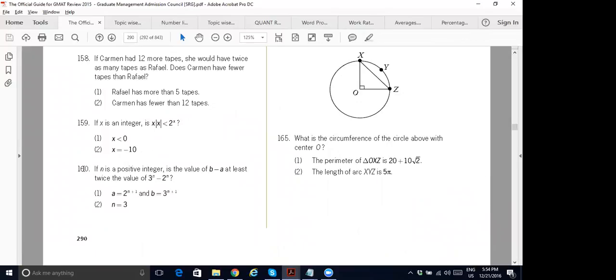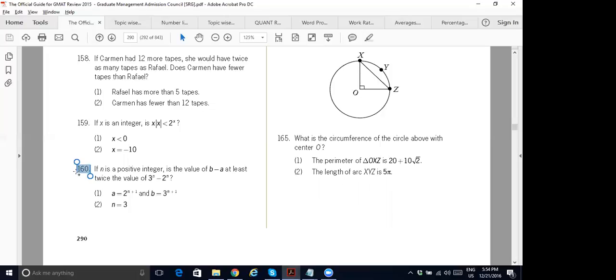Okay. How will you answer question number 160? Obviously, statement 2 is insufficient.